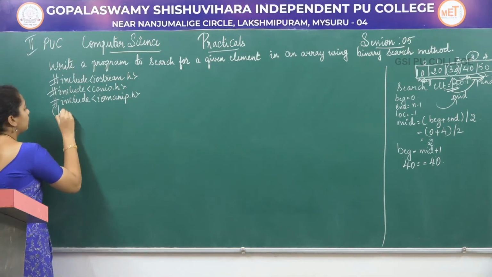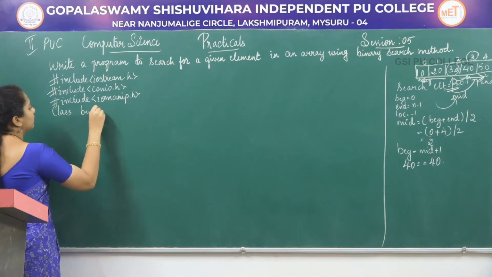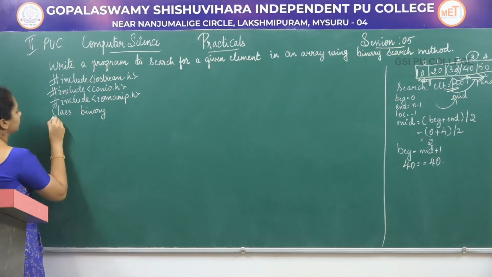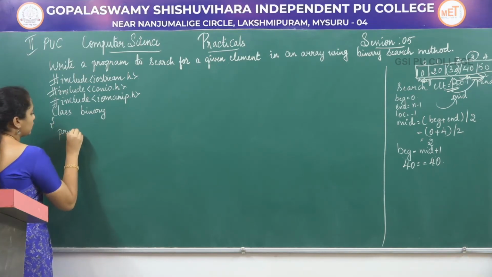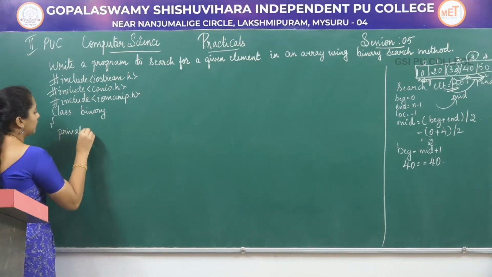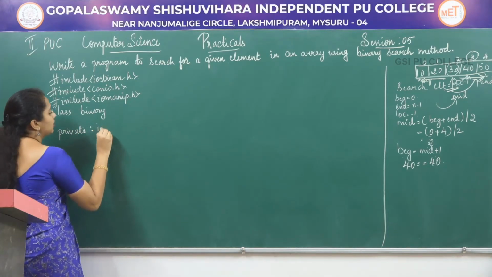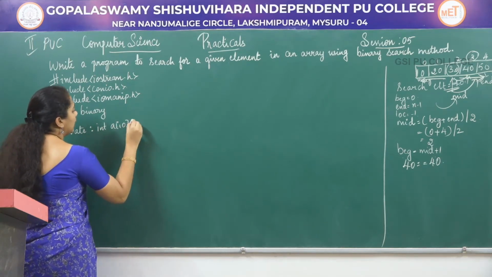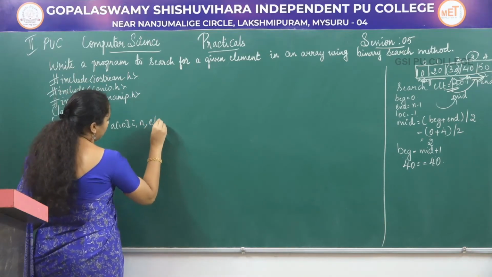Here I am going to create a class called binary. In the private section, I am going to declare the required variables, that is, int array of size 10, i, n, search element.